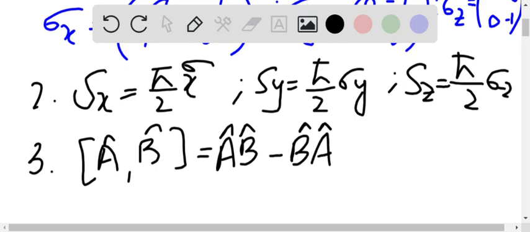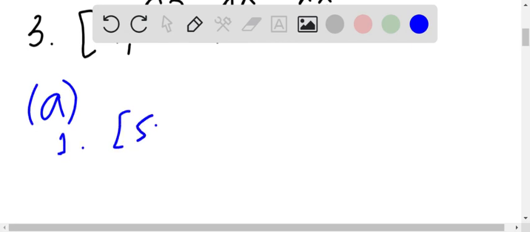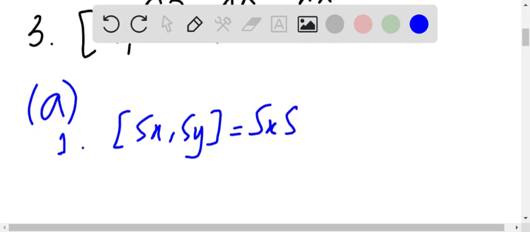So for part A, first of all, we have that the commutator of S x and S y is equal to S x S y minus S y S x.